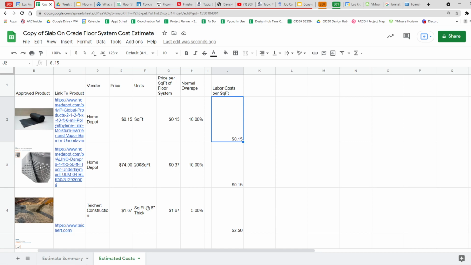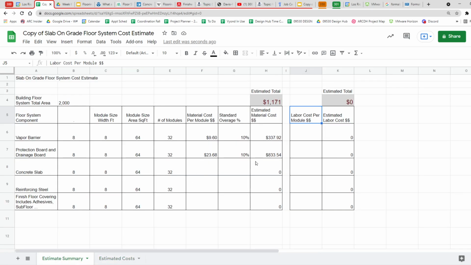How much does it cost to do that? So this was, it equals 0.15 times square feet times how many square feet? Turns out to be kind of the same in this case.